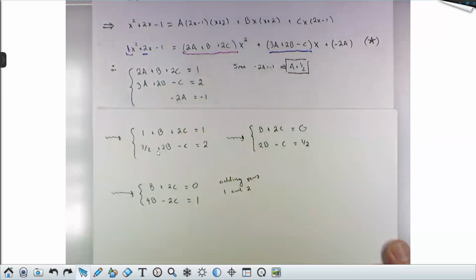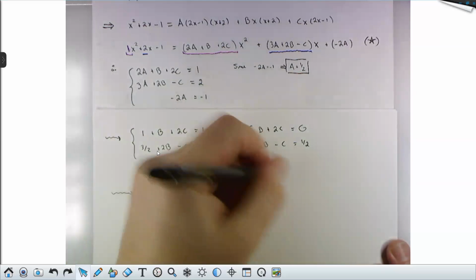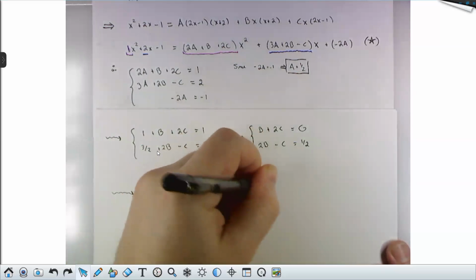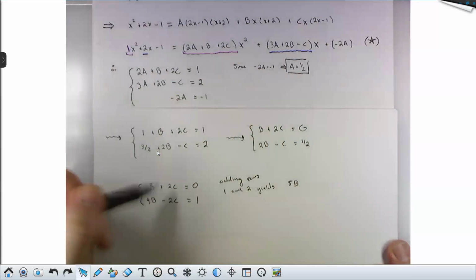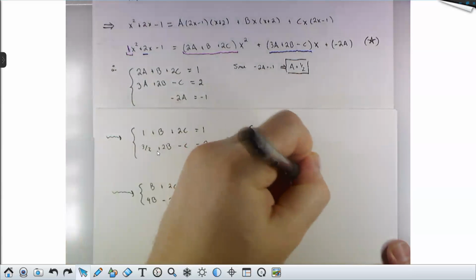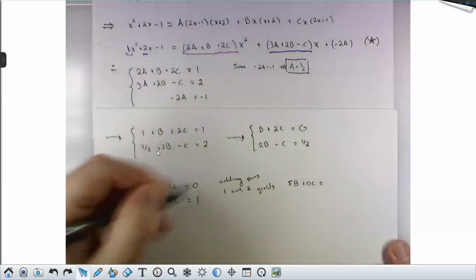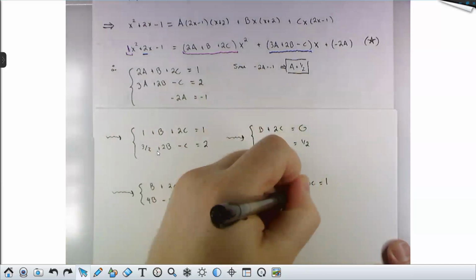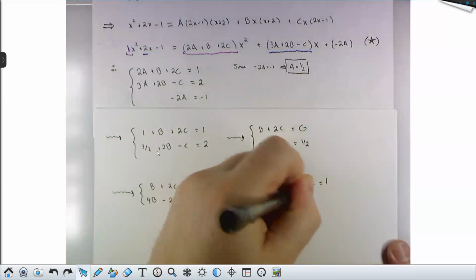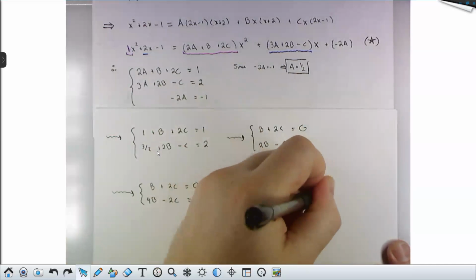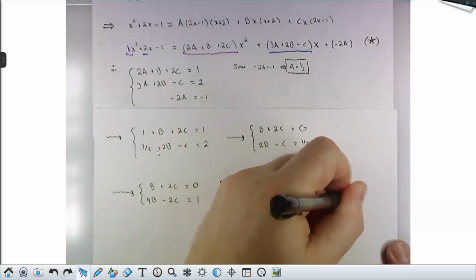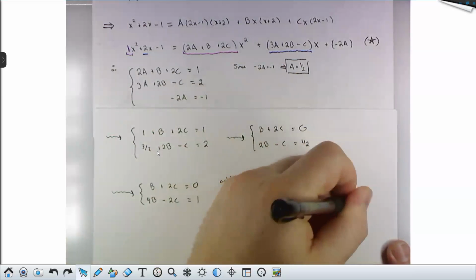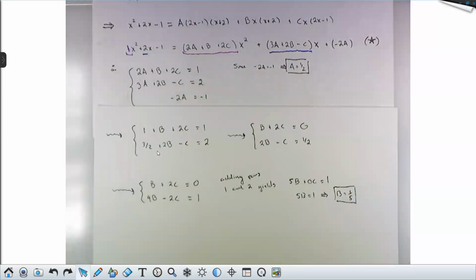So if I add rows 1 and 2, I get 5b plus 0c equals 1. In other words, 5b equals 1, which means b is 1/5. Okay, I've got a and b.